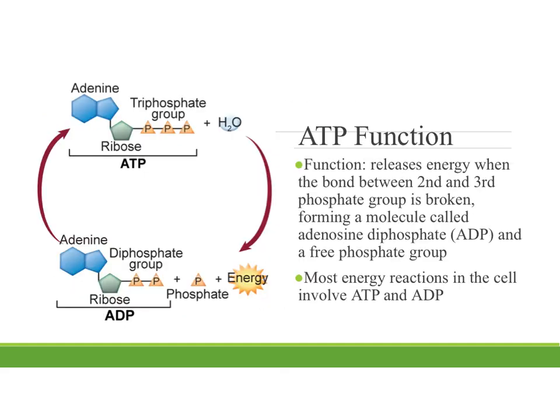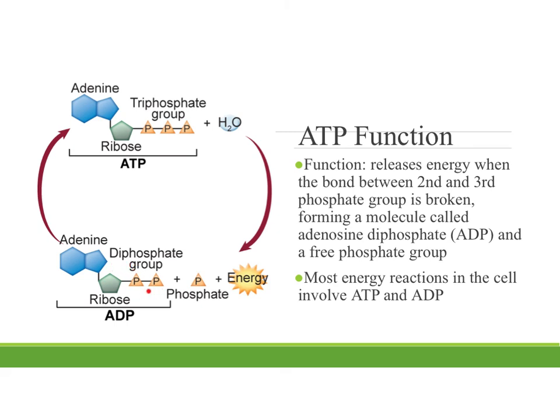All right, so then finally, I want to look at ATP's function. Okay. So ATP releases energy when the bond between the second and the third phosphate group is broken. So this bond right here breaks off. When that happens, a second molecule is formed called ADP, so adenine diphosphate.